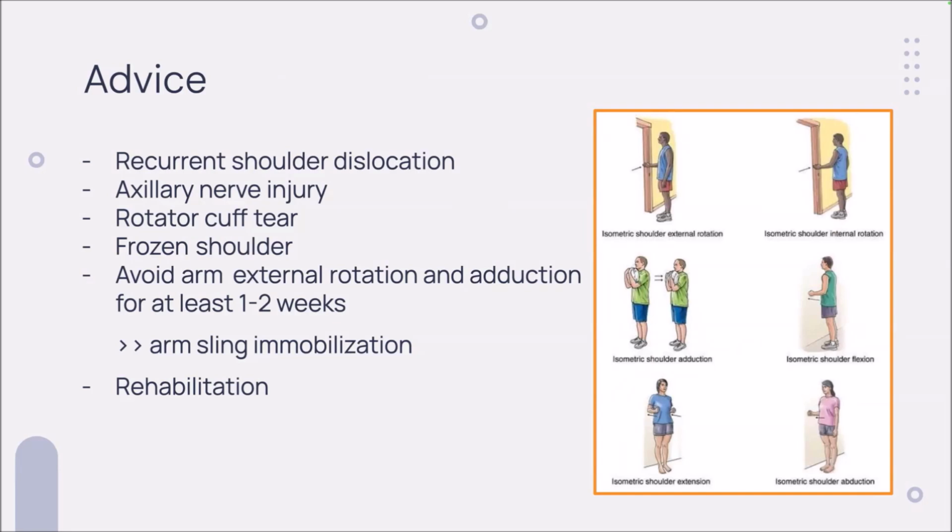If the patient is very active, like an overhead athlete, they tend to have recurrent dislocation. If the patient is younger than 20, the percentage is about 95%. So if the patient is very young and very active, they tend to have a second dislocation.